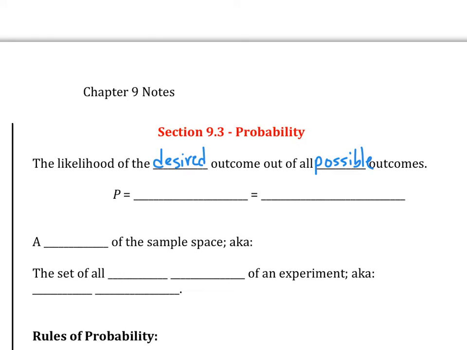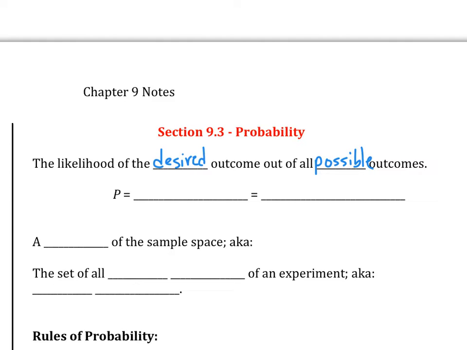So what you want over all the ways it could happen. So for example, if you take a multiple choice test and you want to get 100%, what's the chance that you get 100%? Well, how many ways can you actually answer questions on this test? There's only one way to get 100%, and how many ways can you actually take this test?